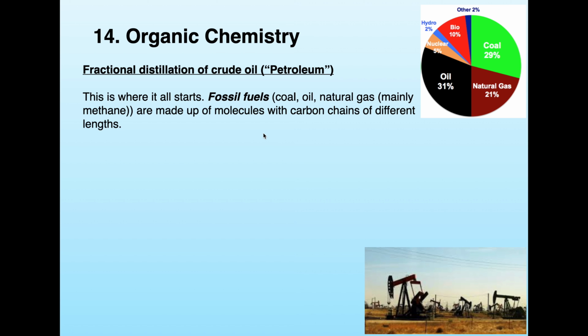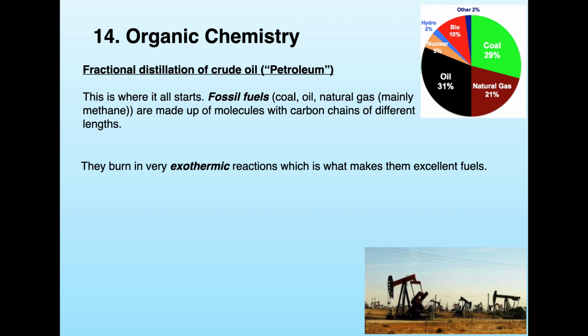So, molecules, carbon, different lengths. These molecules, these compounds, they burn in very exothermic reactions, and this is why they're excellent fuels. And a hydrocarbon, this is a definition you must remember, is a molecule made up of hydrogen and carbon.